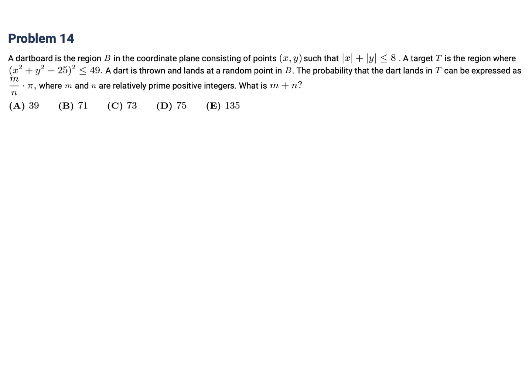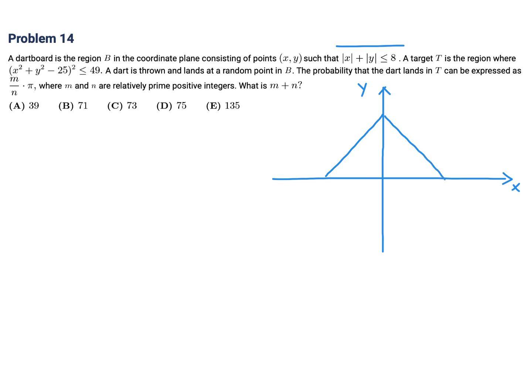Okay, let's try to understand this question first. So put it on a coordinate plane. So here's x, here's y. Now the first thing I'm going to tackle is this guy right here. That one is a box like this. Not entirely drawn to scale, but you guys get the point.